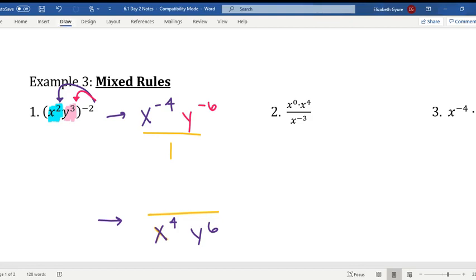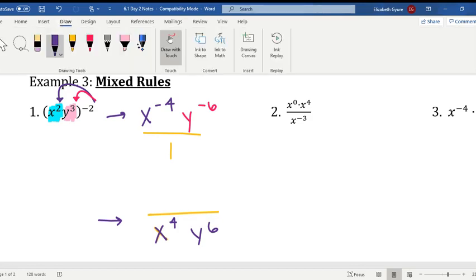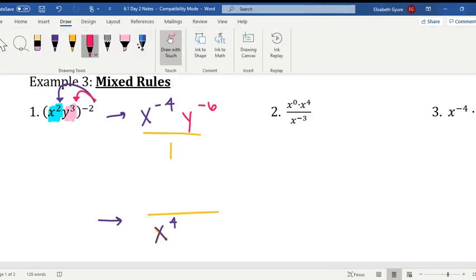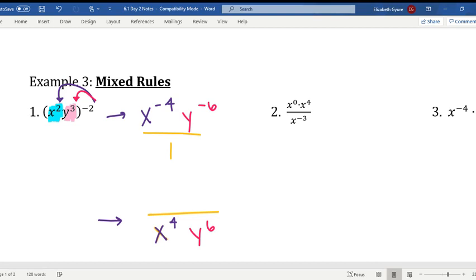So what's going to be on top now? Yeah, the 1. Exactly. Forgot my color. So we're going to keep our 1 moved to the top because we flipped this upside down. Our x to the +4th is on the bottom. Our y to the +6th is also on the bottom. And that's our answer.